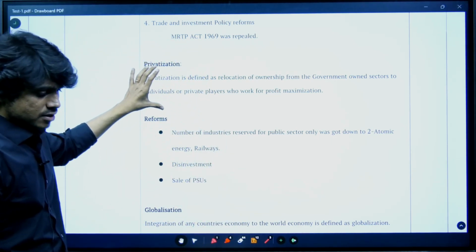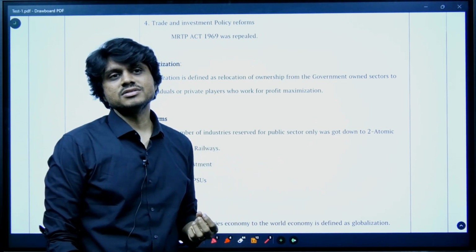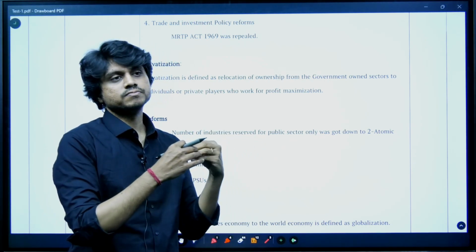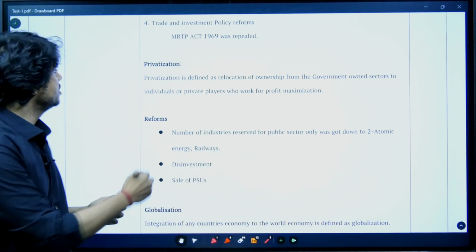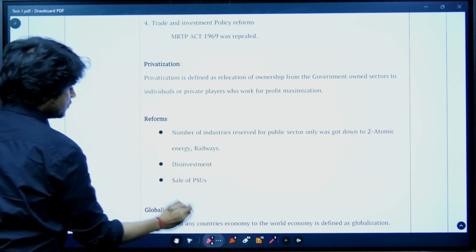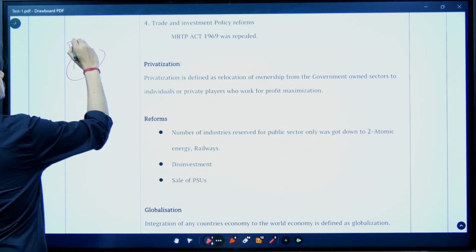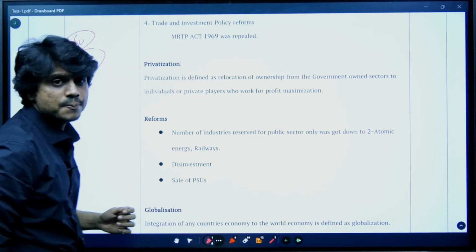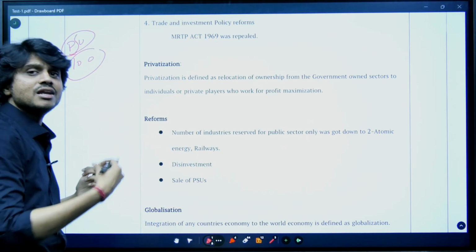So from those public sector companies, what the government is actually doing is trying to sell its equity, its shares. The government used to have 100% share. So these are the PSUs which have complete government ownership. Now the government will sell away its shares.